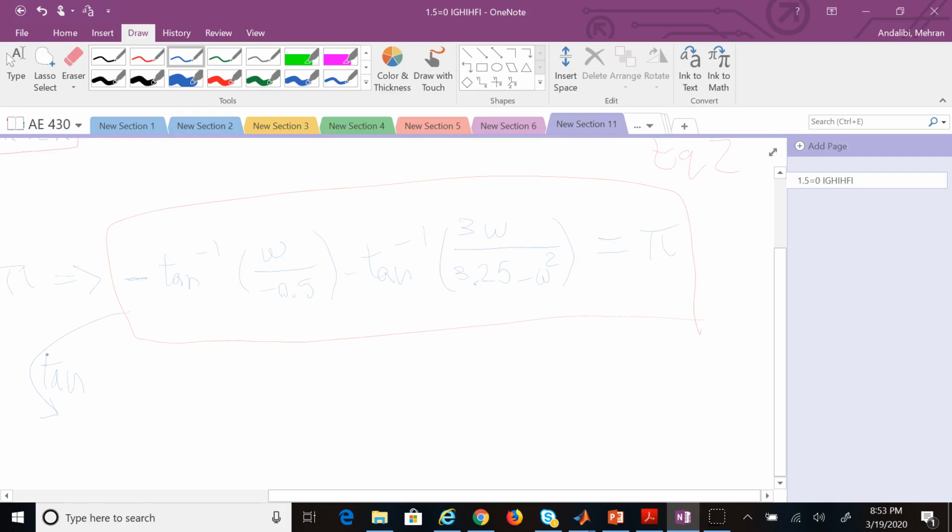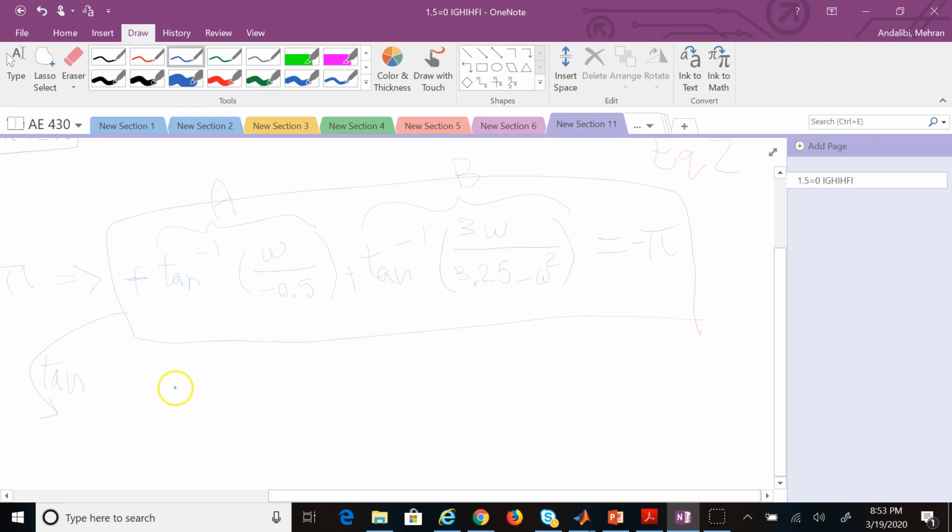And if you don't mind, first I multiply both sides by a negative. So I make this negative and I make these two guys positive. And then I call the first term A and I call the second term B. So this is A plus B equal negative pi.